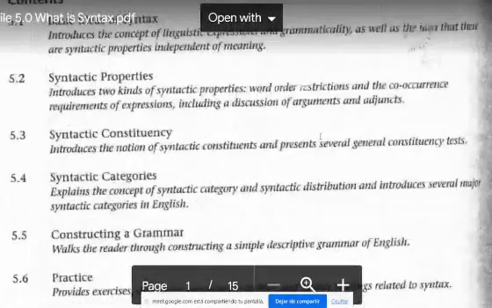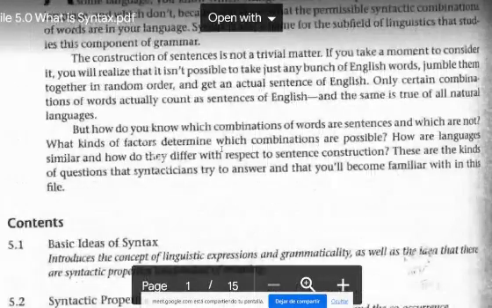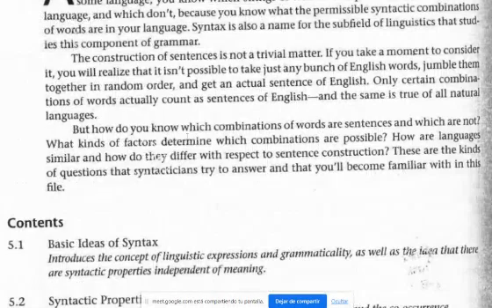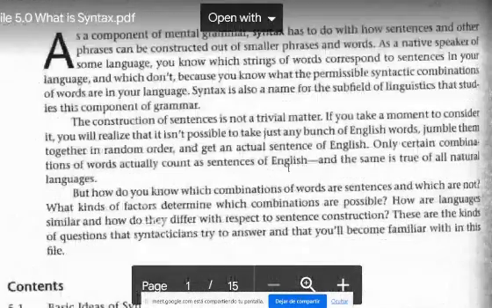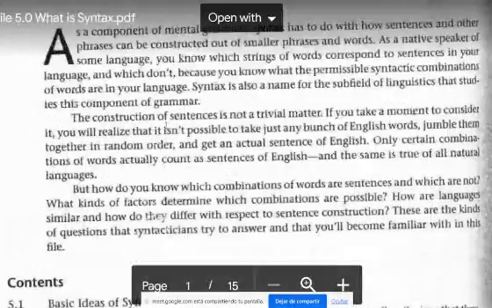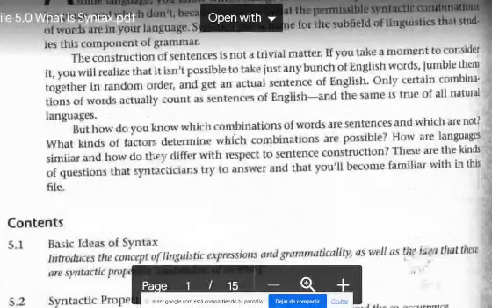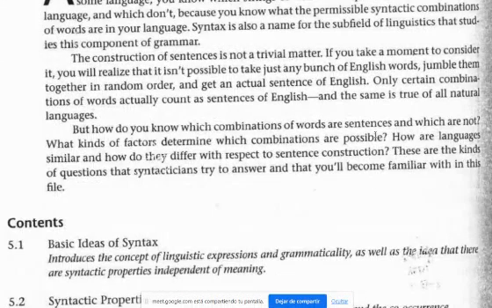Let's go back here. But how do you know which combinations of words are sentences and which are not? When we talk about syntax, the definition, we are referring to constituents every time. When we talk about a combination of word or words, because in chapter 6 they are going to make that distinction, those are constituents.